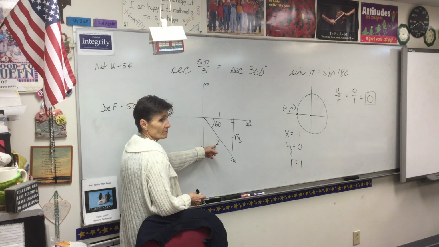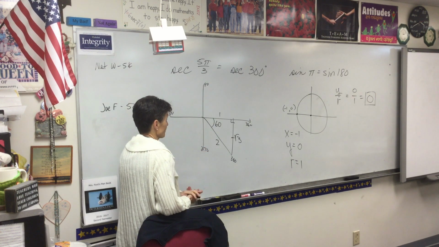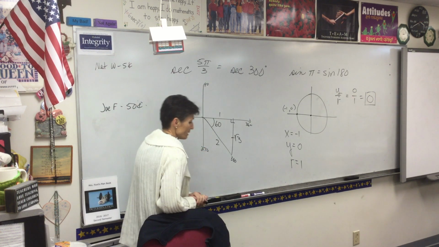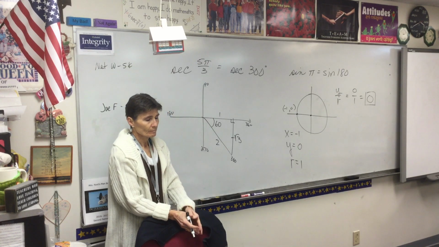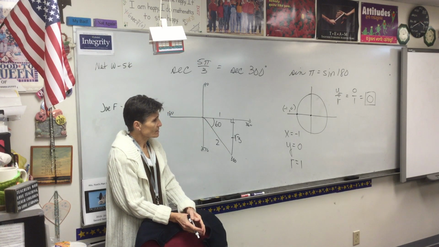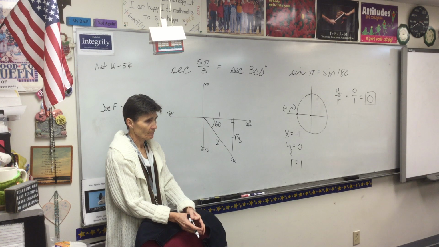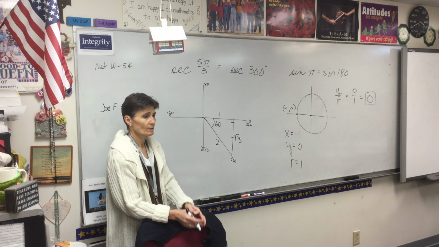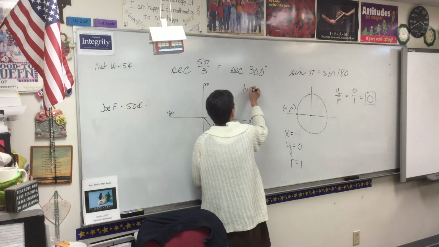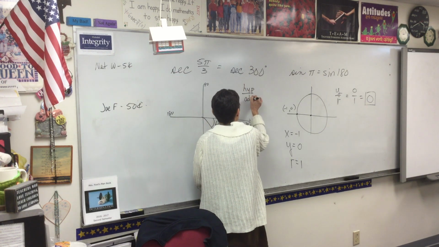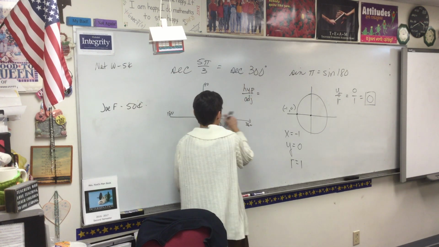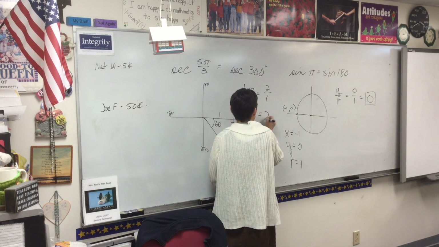Never make this negative. Okay, here we go. Secant. Secant is the reciprocal of the cosine. Cosine is adjacent over hypotenuse. So I need hypotenuse over adjacent, which is 2 over 1, 2.